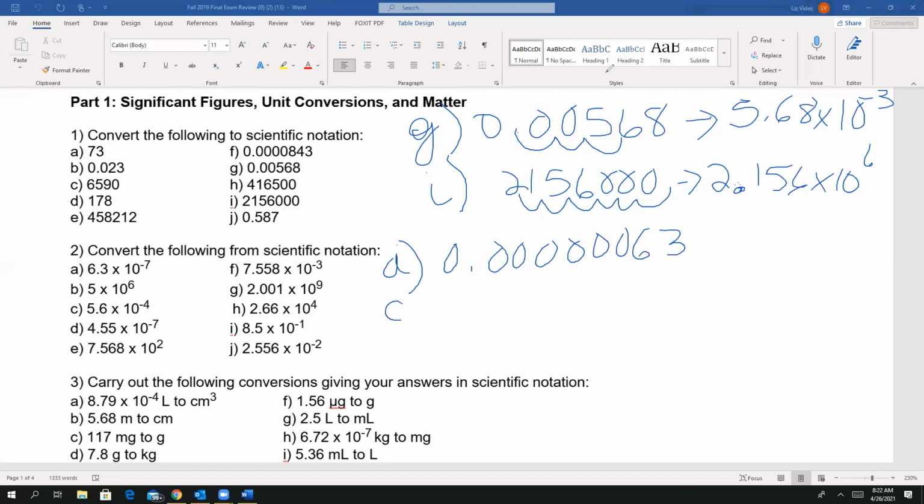For C, it's going to be, so again, 3 zeros, 1, 2, 3, and then the number 5, 6. And for E, this time it doesn't work like that, so you do actually have to move it. So 7.56, you're going to have to move it over 2, so it's 756.8. See?